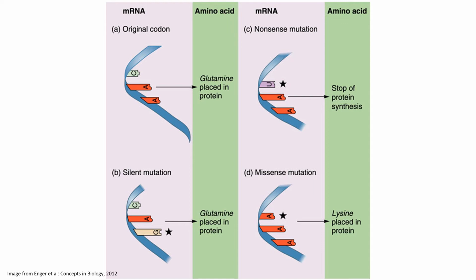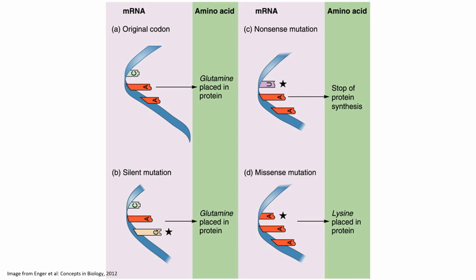Now, if CAA is changed to CAG, there's the mutation, then that's okay because CAG still codes for glutamine. The resulting protein will not be changed unless there's a mutation in other residues.